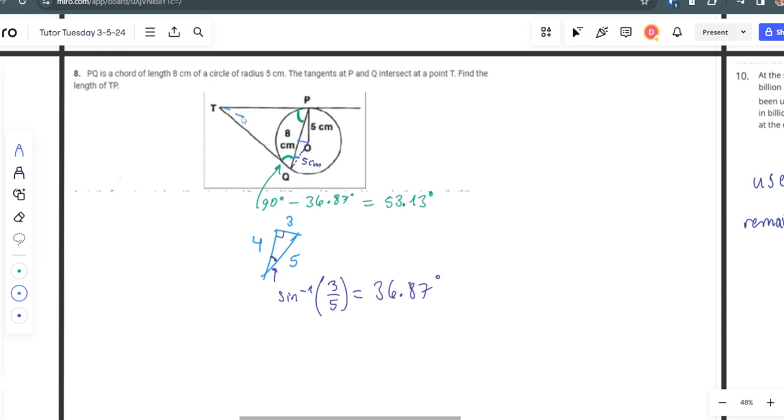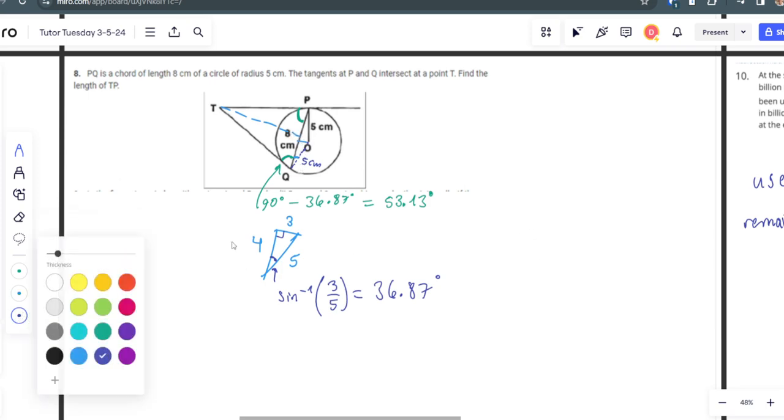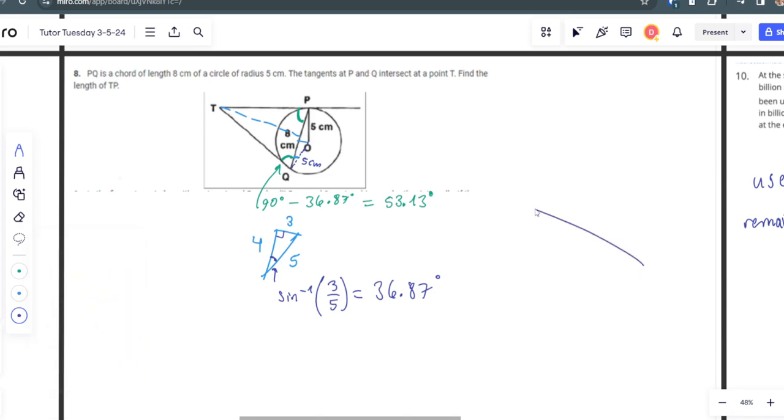And so we could split this in half as well and deal with half the triangle again. So let's say this is 4, that's our right angle.